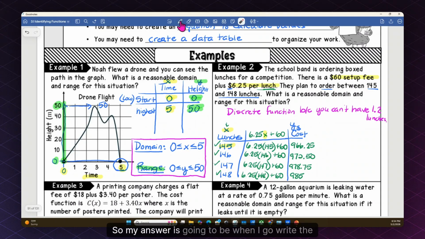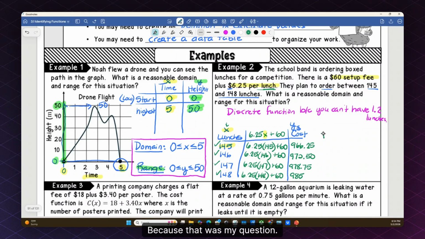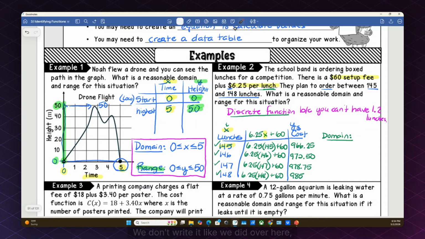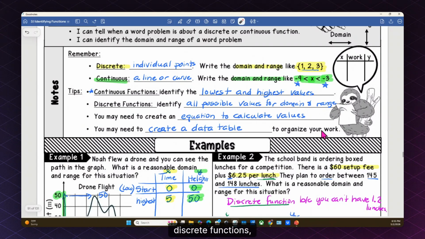So my answer is going to be when I go write the domain and range, because that was my question. So my domain, because this is a discrete function, we don't write it like we did over here. Okay. Discrete functions, we write like this. We list all the values out.